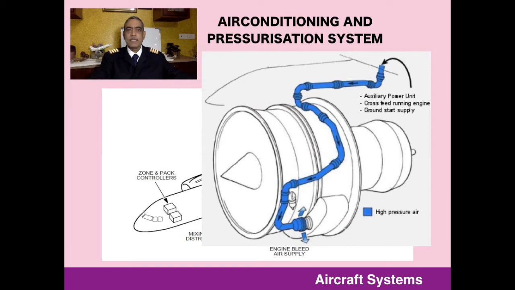The air is compressed to very high levels, also to produce thrust, which we shall see when we cover the power plant. At this moment, it's enough to understand that it produces a very high level of compressed air, which is utilized for several systems, including the air conditioning system.